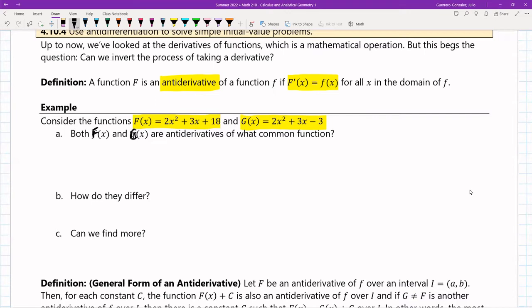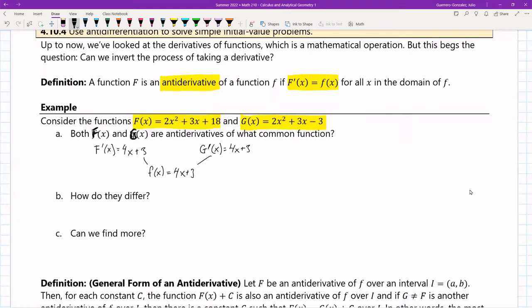If we take big F prime of x, we can see that this is going to be 4x plus 3. And if we take big G prime of x, that's also going to be 4x plus 3. So my little f of x is 4x plus 3.